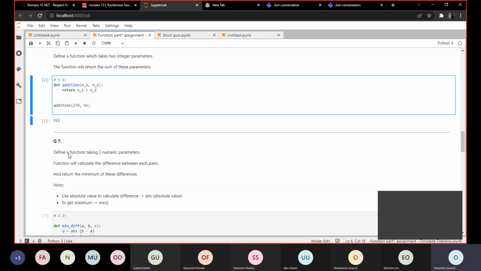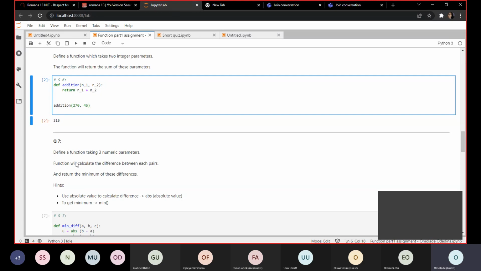So now the first one says define a function taking 3 numeric parameters. Now, numeric means numeric. That means you cannot take in a string.